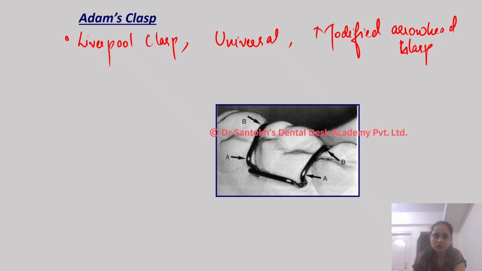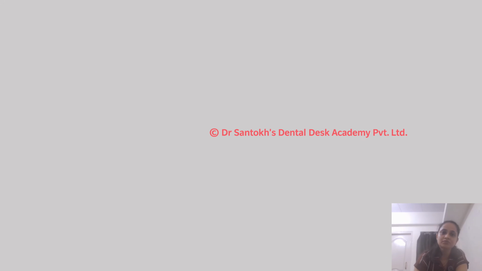So we will see what are the parts of the AIIMS clasp. First is your bridge. So this is your bridge. These are your arrowheads, and this is your retentive arm. So these are the different parts of the AIIMS clasp. What are the advantages of the AIIMS clasp?